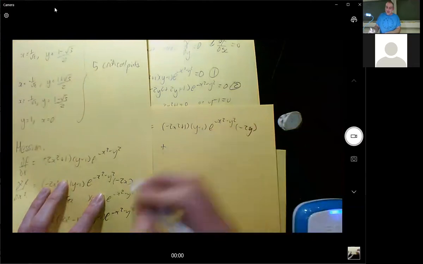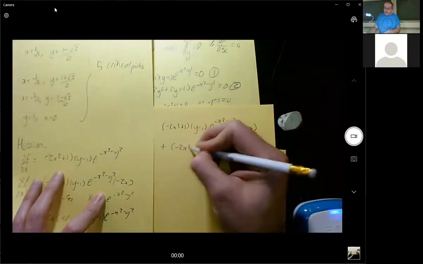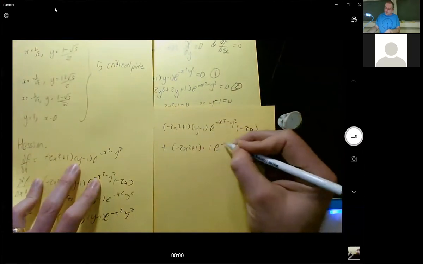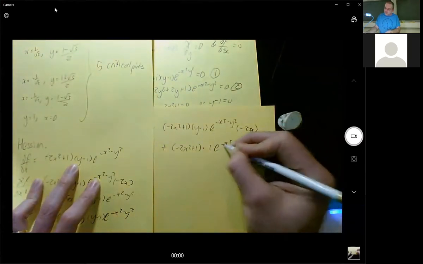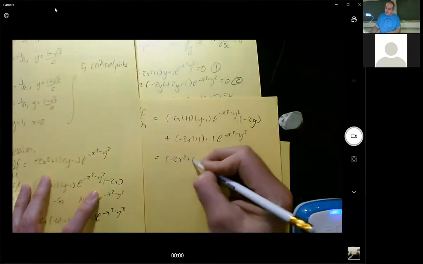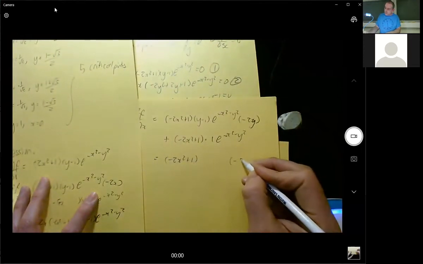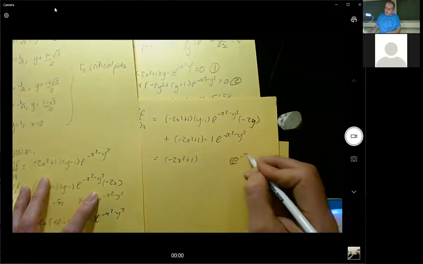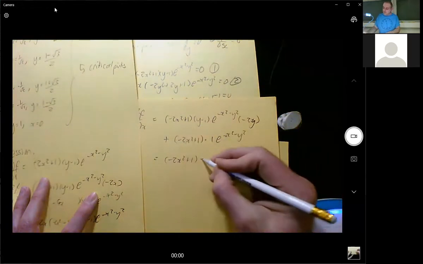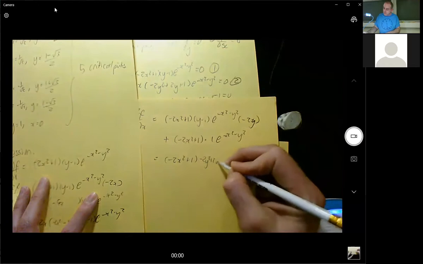And then this one's got the minus 2x squared plus 1 as a constant multiplied on times the derivative of that, which is 1, and then keep this bit. Right, and that's got a minus 2x squared plus 1 and an e to the minus x squared minus y squared. And what I've left behind is minus 2y squared plus 2y plus 1.